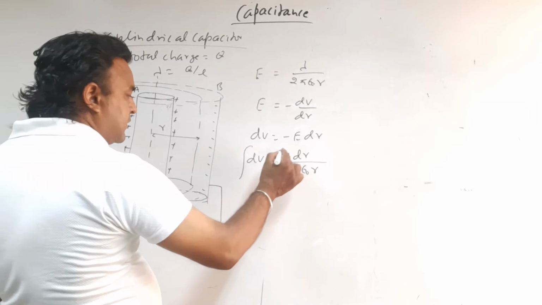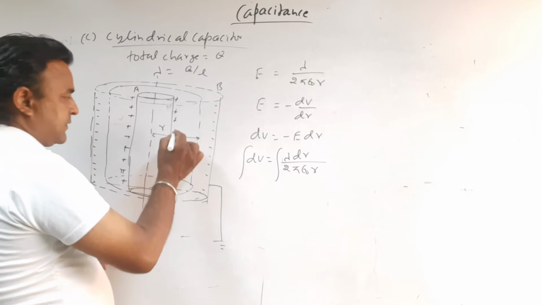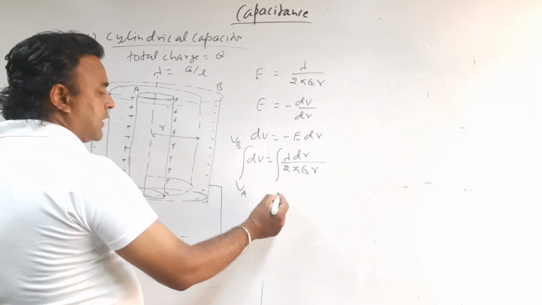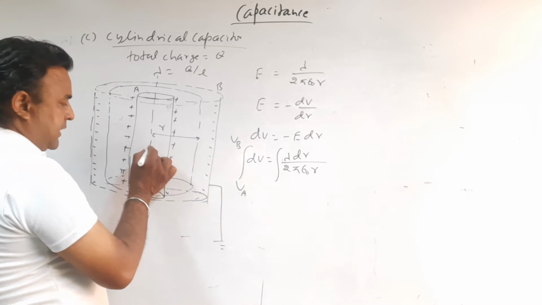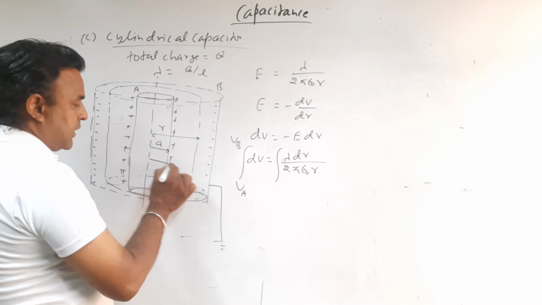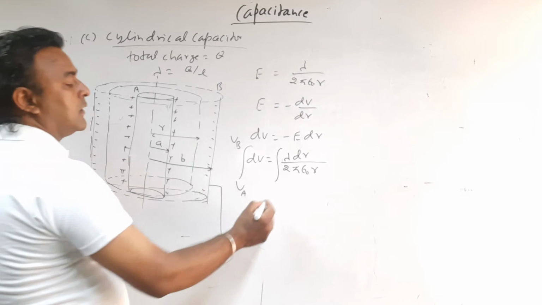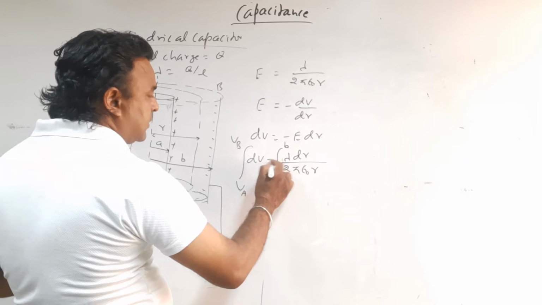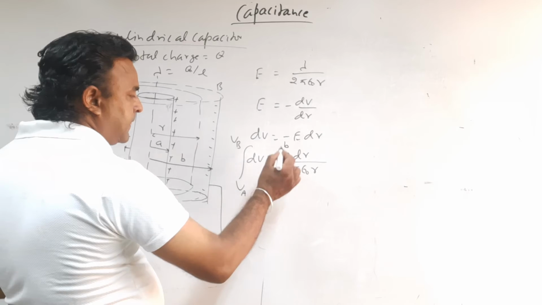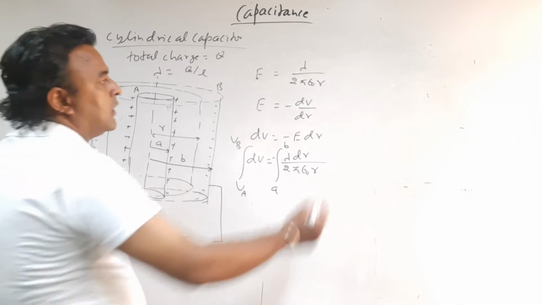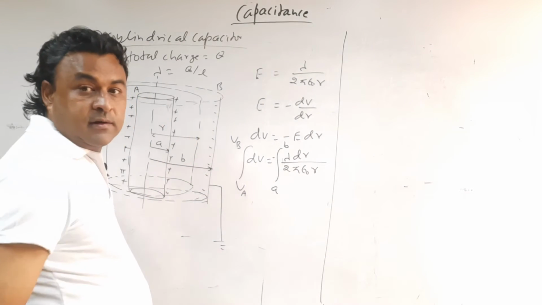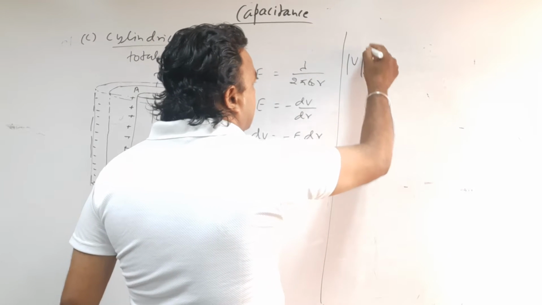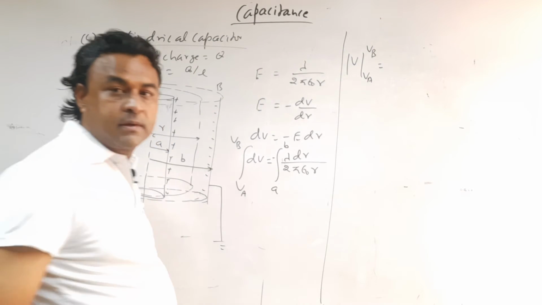So I integrate from, I suppose its potential VA, it is VB, and inner radius is A and the outer cylinder radius is B. I do it from A to B and it is dV equals to minus of E dot dr. Further I integrate it, then I get integration of dV is V from VA to VB, right?